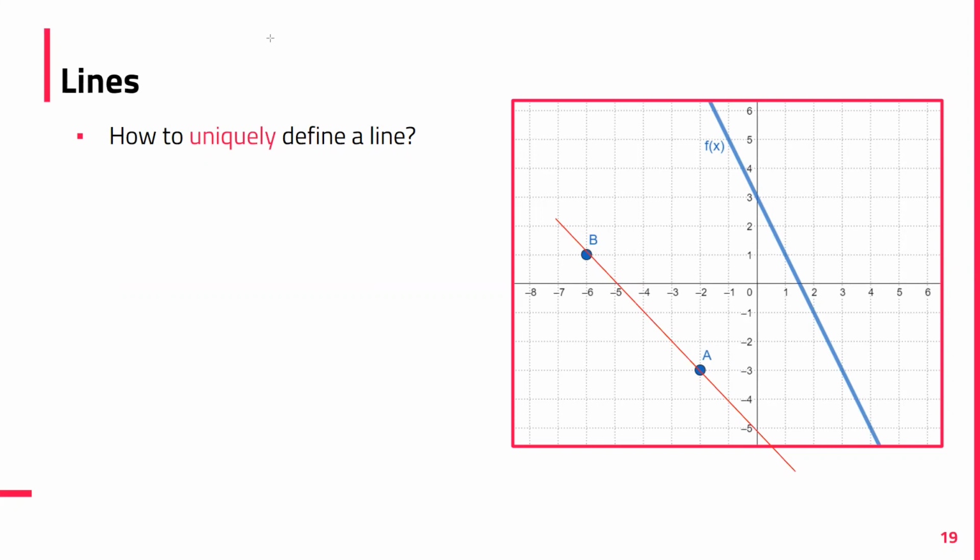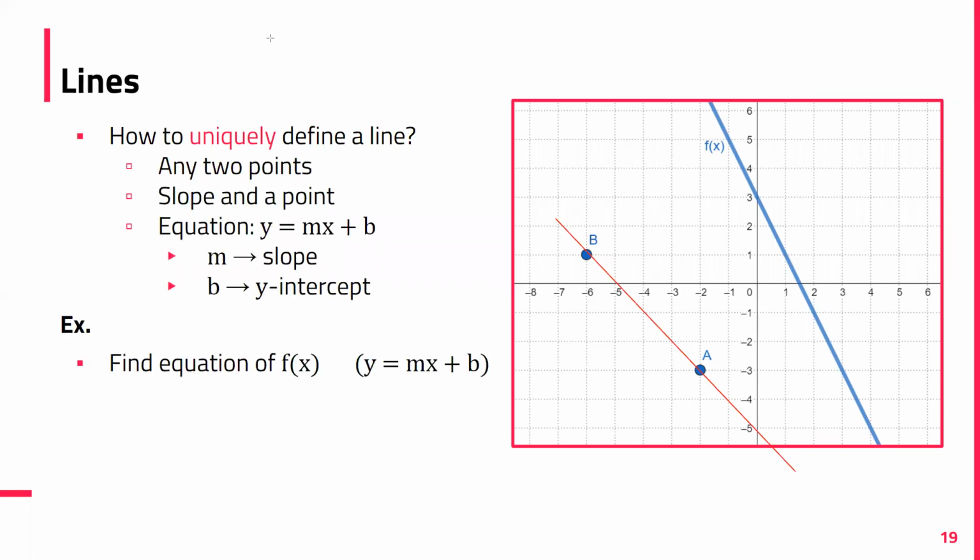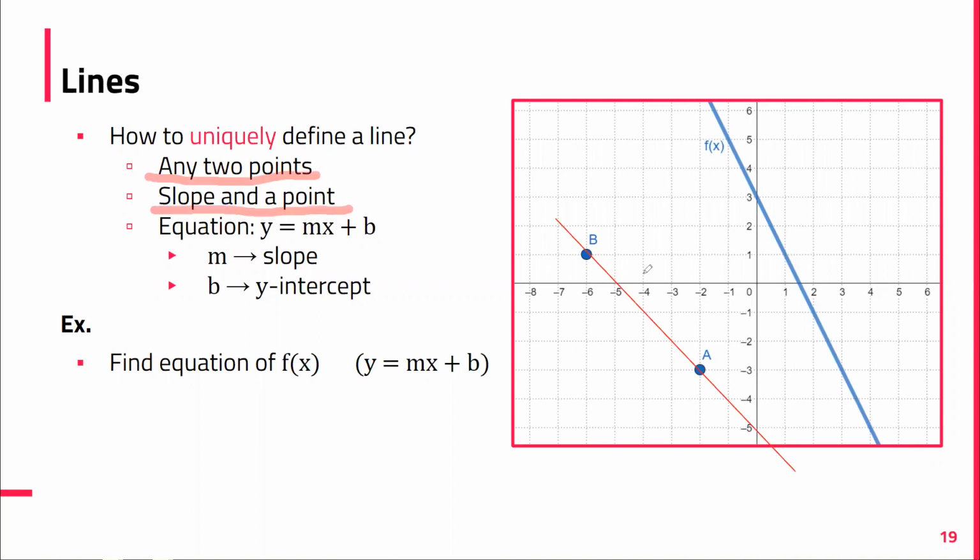The slope and y-intercept. Okay, a slope and an intercept, and an intercept is a point, so a slope and a point. So any 2 points will uniquely identify a line, or a slope and any point will also uniquely identify a line.